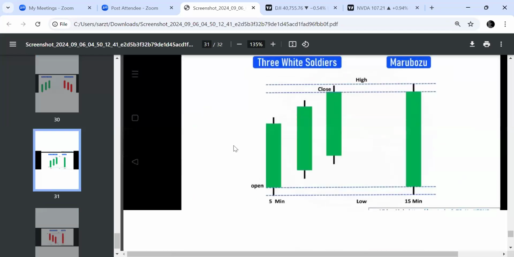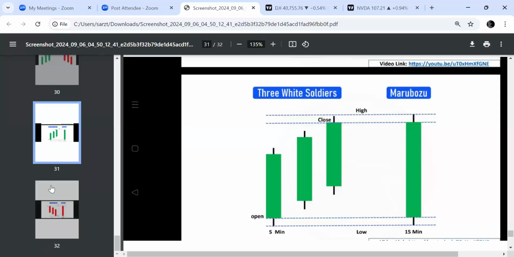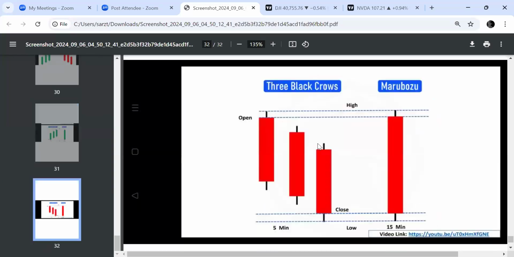Again, if we check the three white soldiers in a shorter time frame and then in a higher time frame, we get a bullish Marubozu candle. And if we look at the three black crows in a shorter time frame and then in a higher time frame, we get a bearish Marubozu candle.